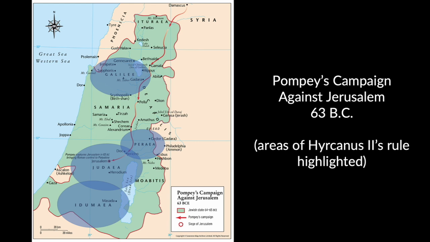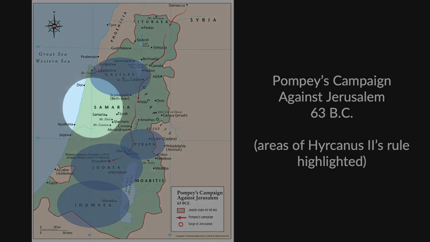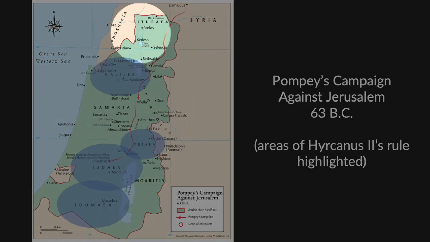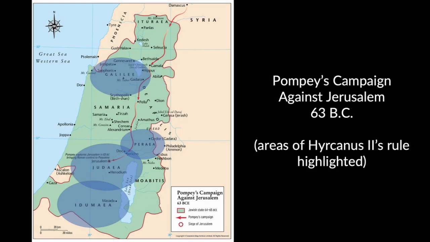The Hasmonean house in about 64, 65 BC controls everything in green on the map. That's the Hasmonean kingdom, okay? That represents their borders. When Pompey captures Jerusalem in 63 BC, Hyrcanus is going to be made ethnarch, but he's going to be limited in where he rules.